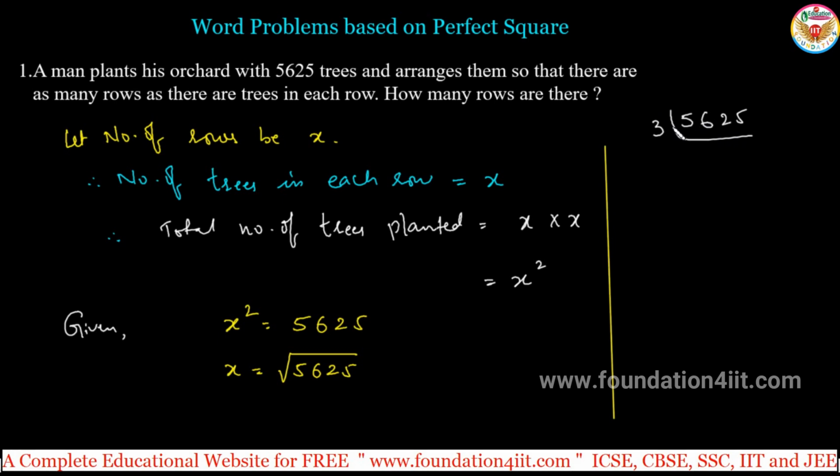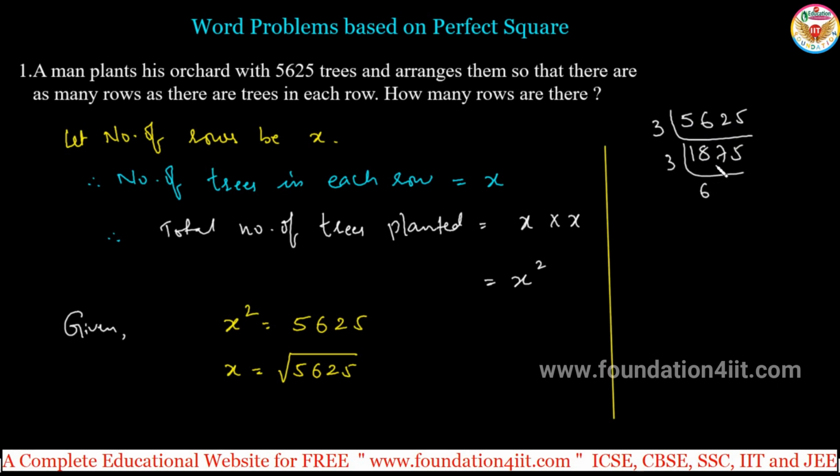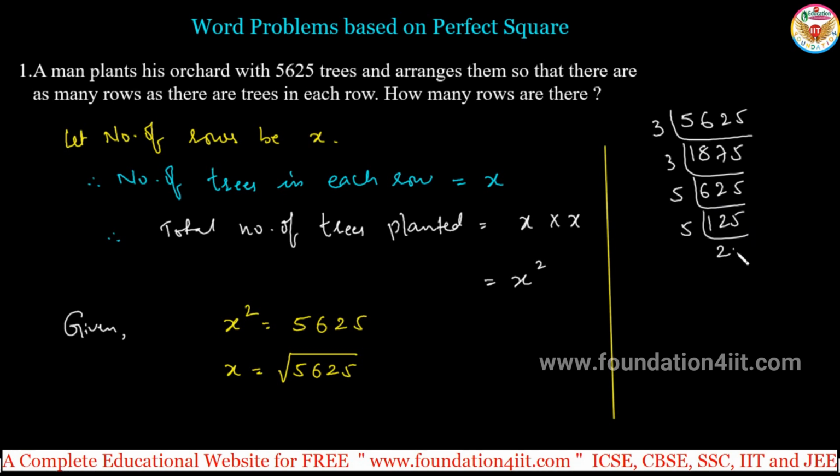So you can apply this. Dividing by 3 gives 1875, then again by 3 gives 625. Now again with the 5 table, 625 divided by 5 is 125, then 25, then 5, then 1.